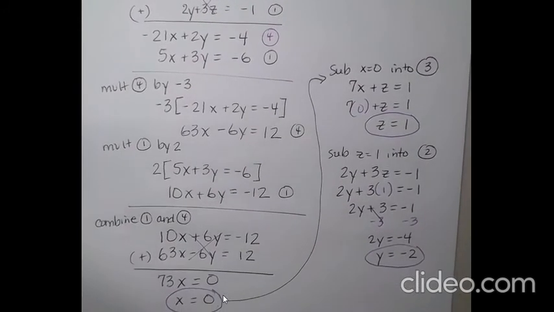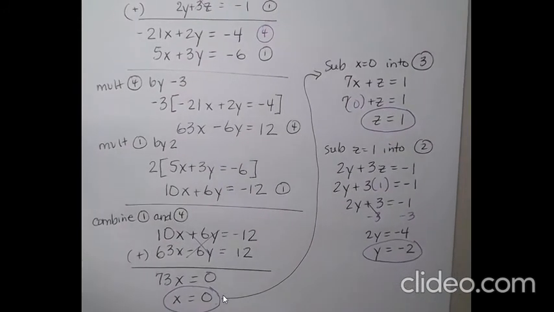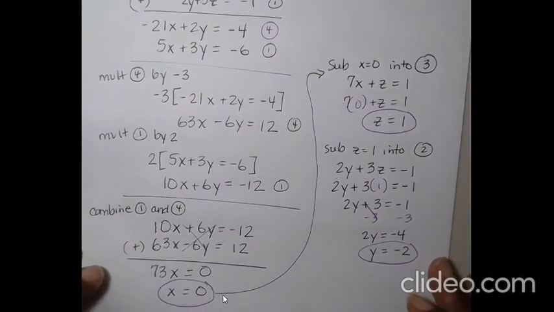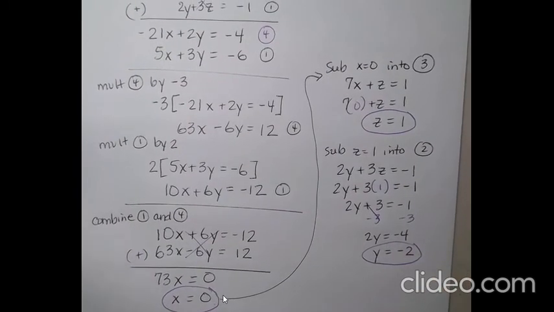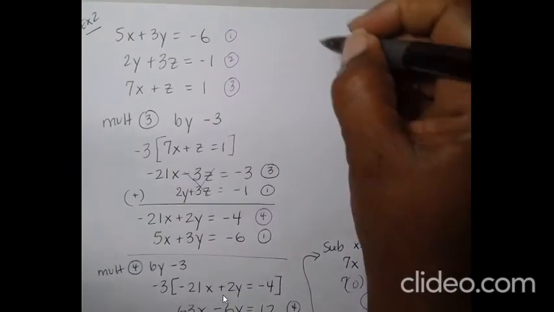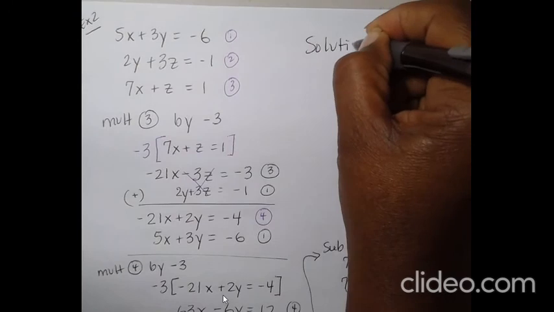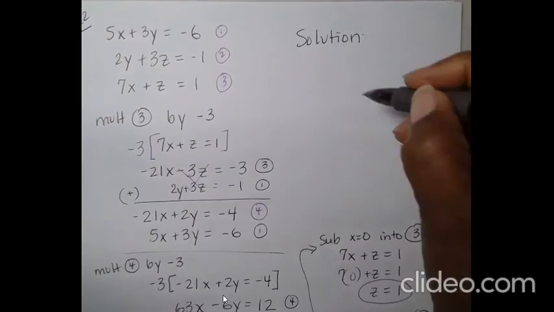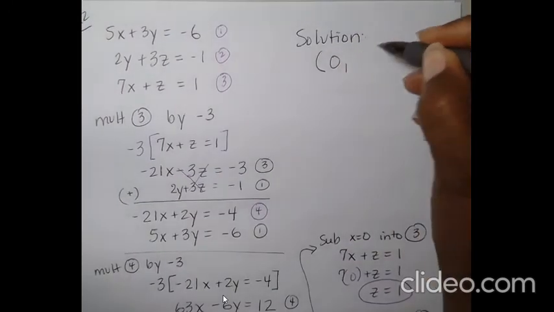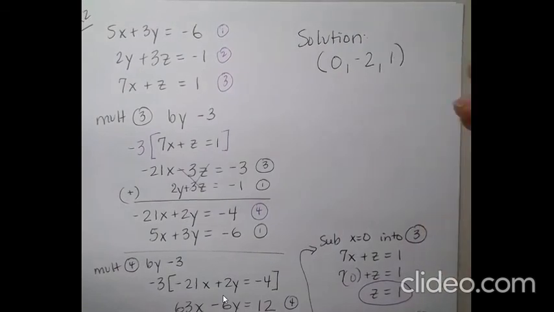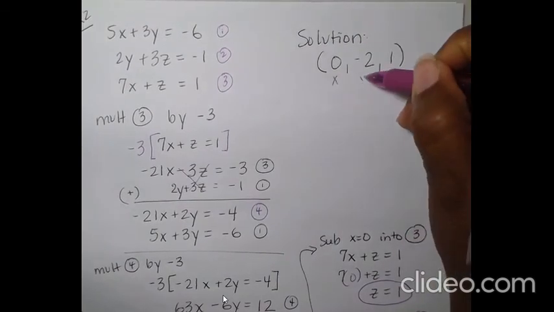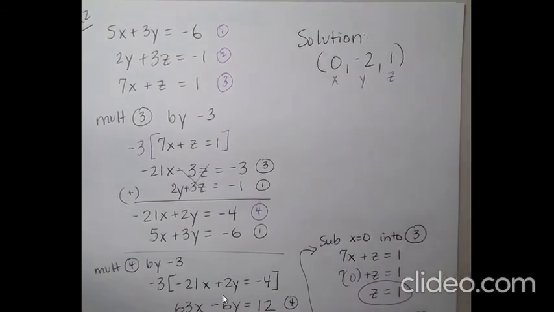So based on our solutions now, we have x, we have y, and we have z. I'm going back to the top of the page so that way we can see that we have found our solution. Solution is 0 for x, negative 2 for y, and 1 for z. This is our x, our y, and our z.